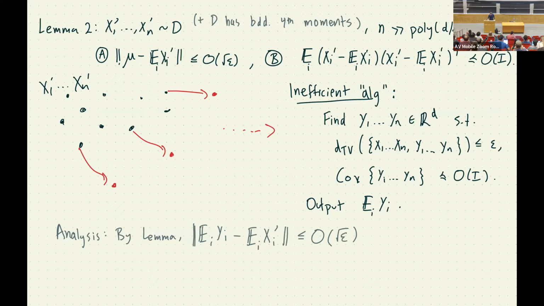And by my concentration fact, I know that the mean of the x primes is close to the vector I want. So now I just use triangle inequality, and I'm done.